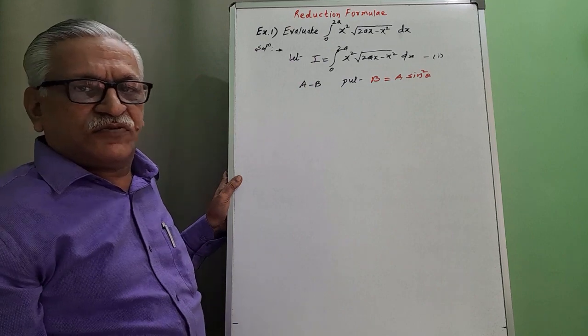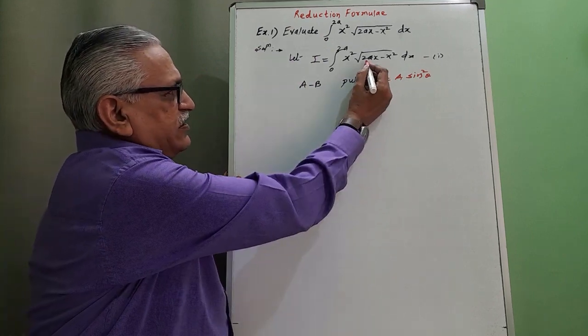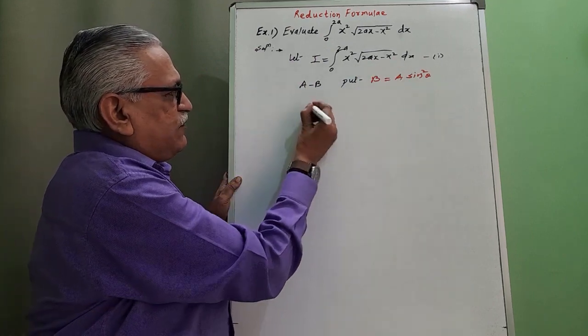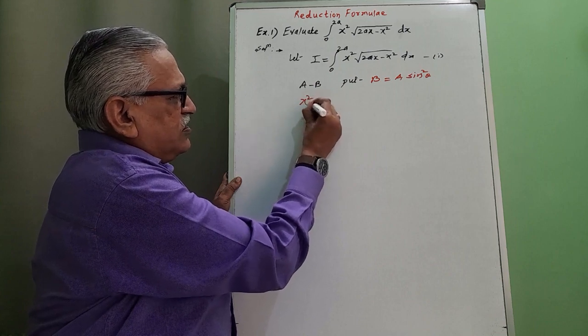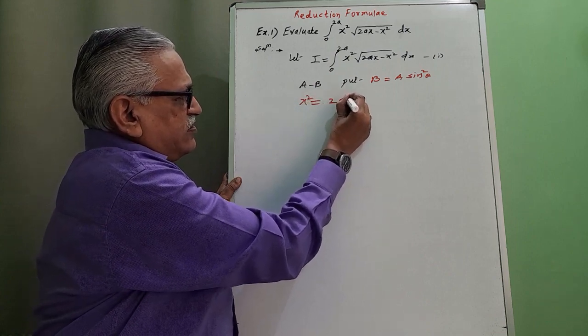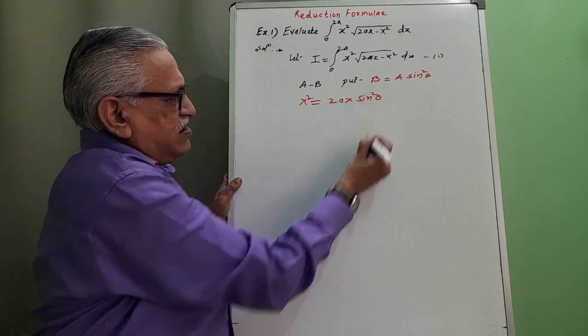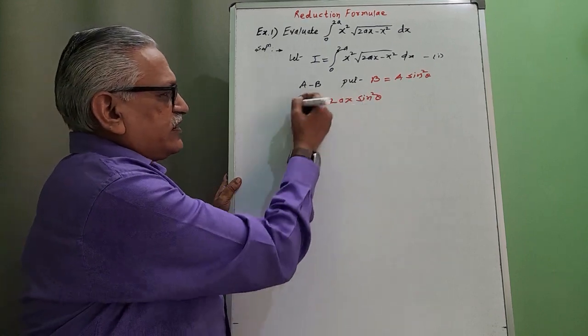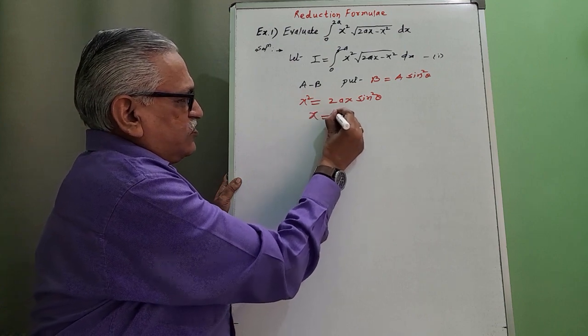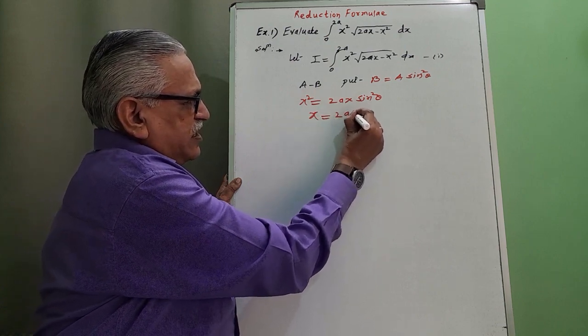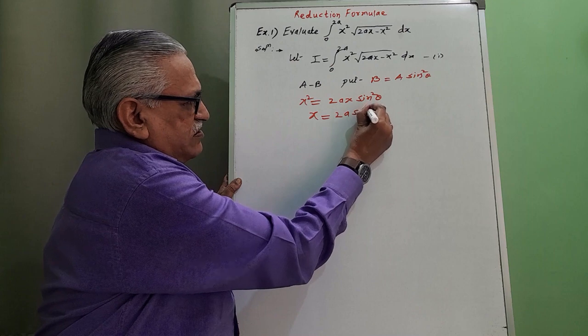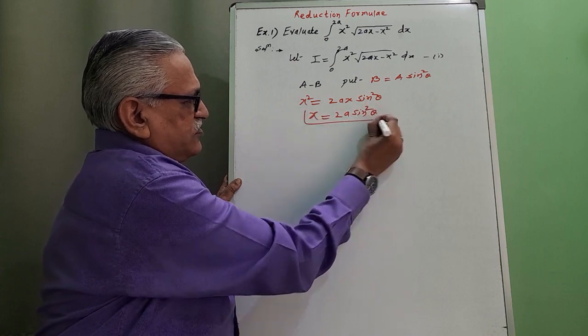Here a is 2ax, b is x square. Therefore x square is equal to 2ax into sine square theta. One x gets cancelled, we get x is equal to 2a sine square theta as the substitution.